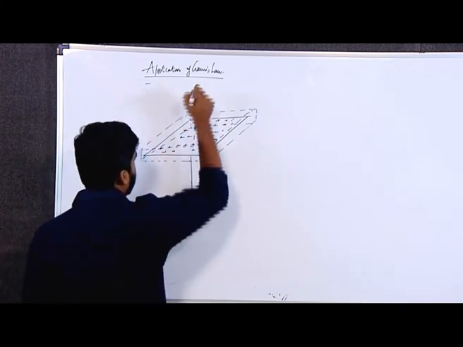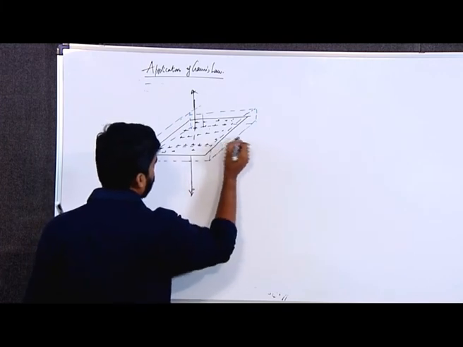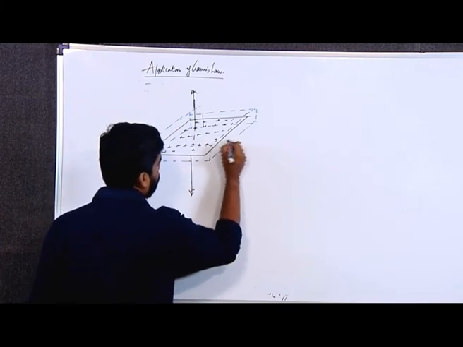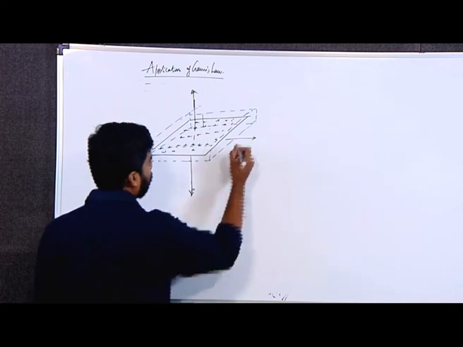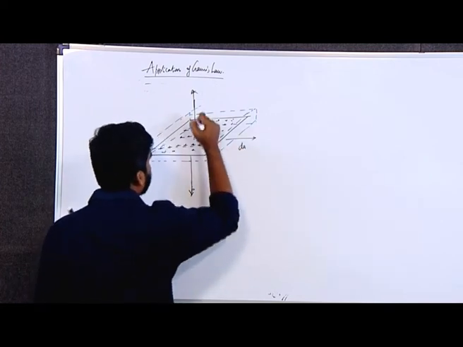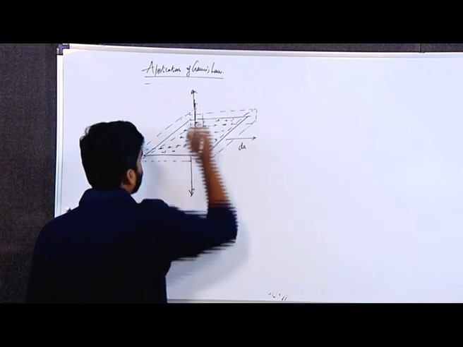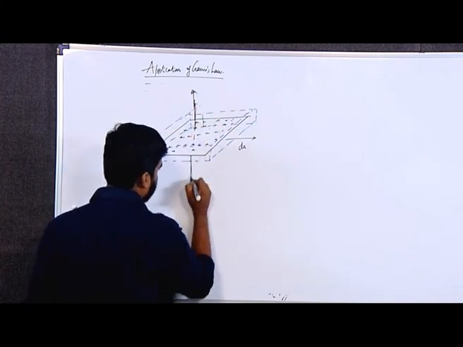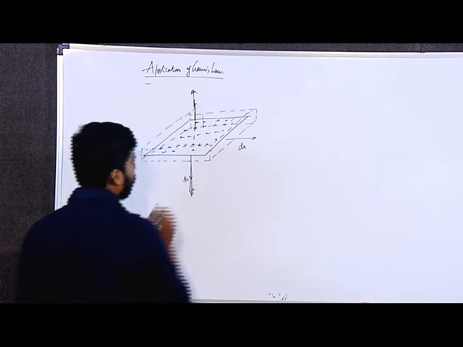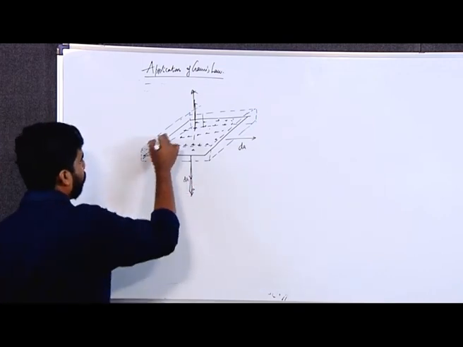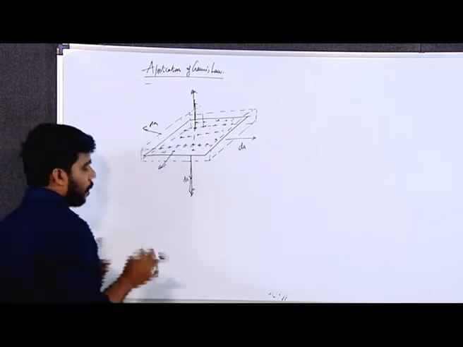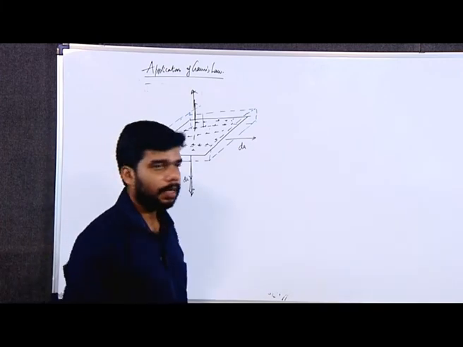For this we know that the area vector of the upper part is in the direction of the electric field, and the lower portion's area vector is also in the same direction as the electric field. On all other surfaces the area vector is exactly perpendicular to the electric field.